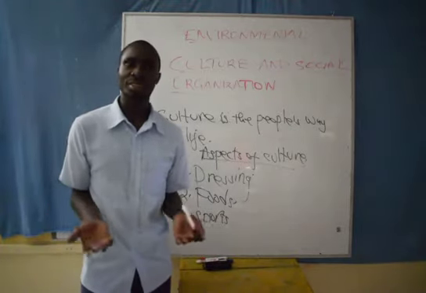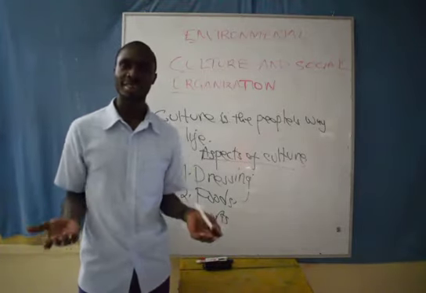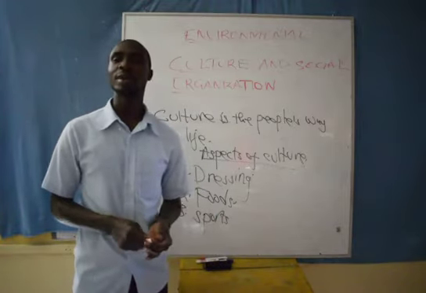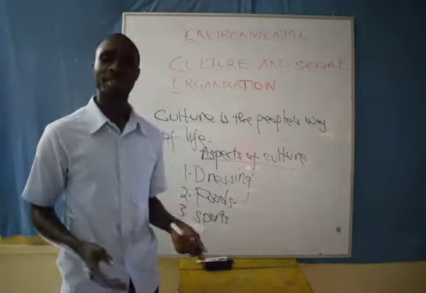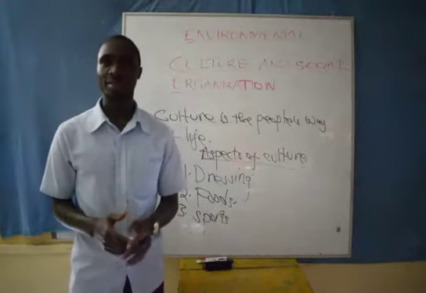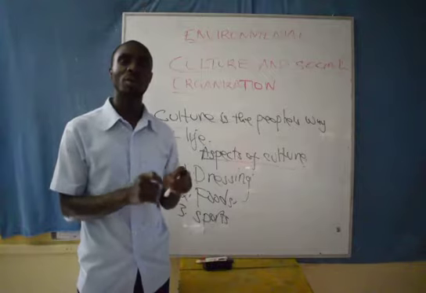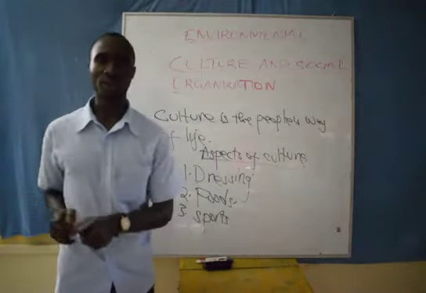There is also housing, like manyatas. You know that. Some people lived in them. For example, the Maasais lived in manyatas. Some of them also lived in caves and so many other things. So that explains what different aspects of culture were in different communities.